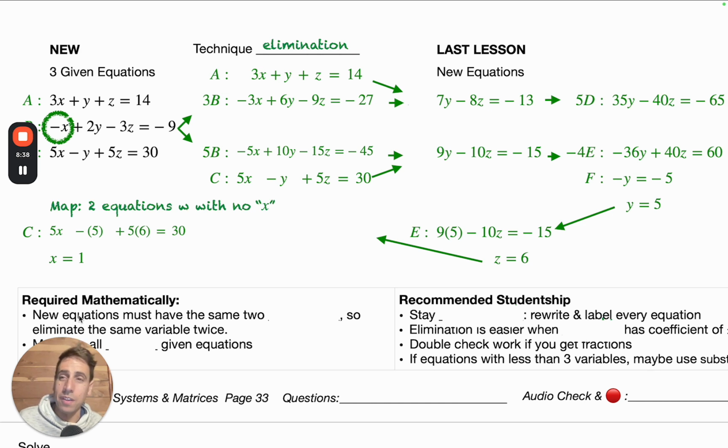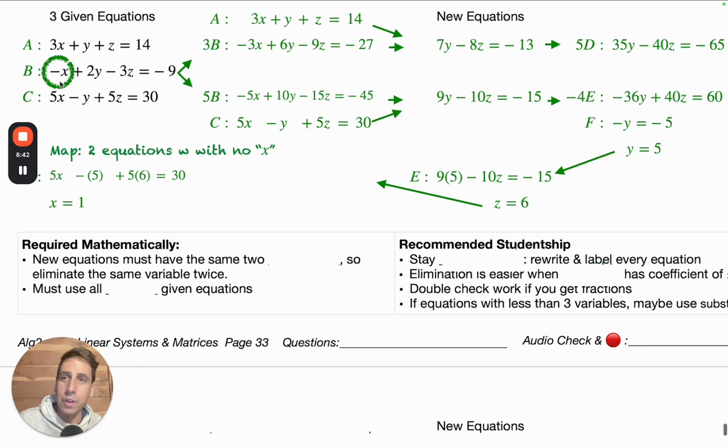Let's back up and talk about what we did. Very first, we labeled our equations, and we singled out one of these that already has either a negative 1 or a positive 1. I took these three equations, and I produced two different equations here where we eliminate x.